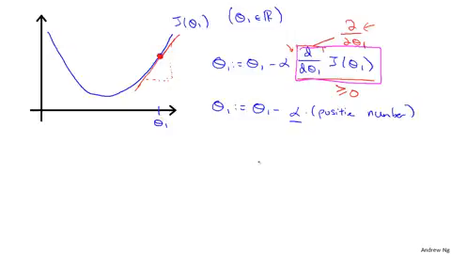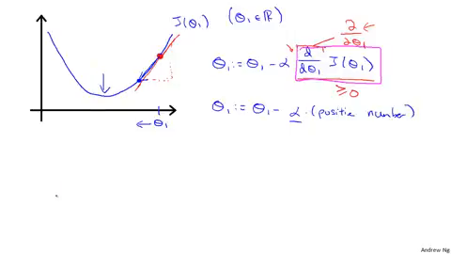So theta 1 gets updated as theta 1 minus something, and I'm going to end up moving theta 1 to the left. I'm going to decrease theta 1. And we can see this is the right thing to do because I actually want to head in this direction, to get me closer to the minimum over there. So gradient descent so far seems to be doing the right thing.